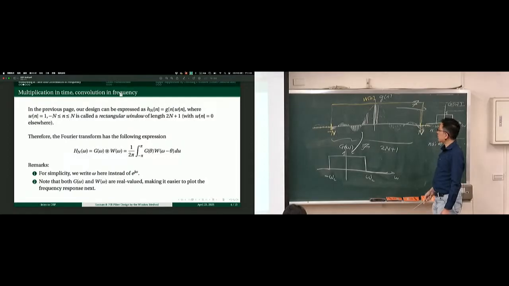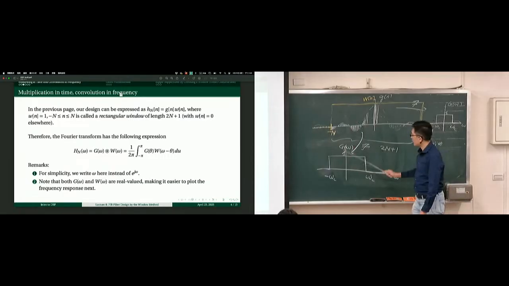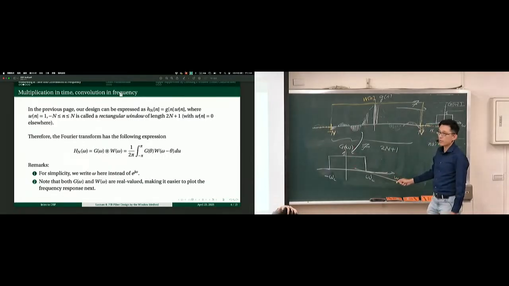Because similar to G, it is an even symmetric function in time. Even symmetry in time, real in the frequency domain. So both w and g are even functions. Therefore, their Fourier transforms are respectively real valued. Both of them are real valued.